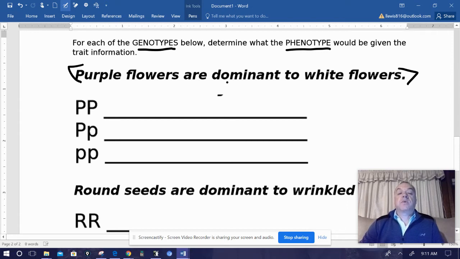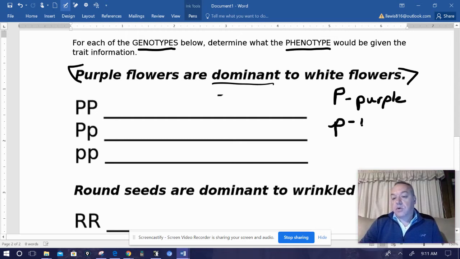Now remember, when we write dominant, we are referring to a capital letter, and recessive, we are referring to a lowercase letter. I'm going to write this over here to this side. Capital letter, purple. Lowercase letter, white.